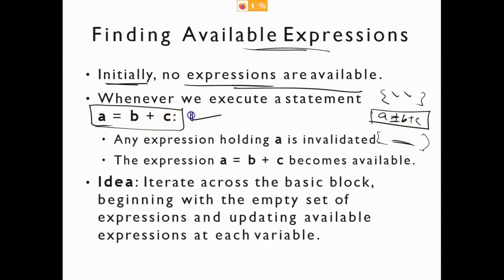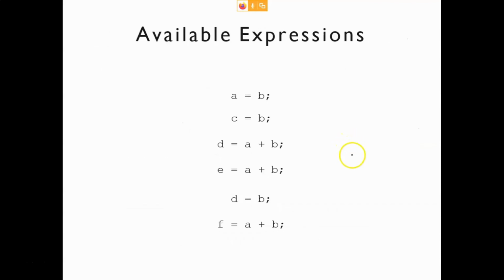After this statement executes, a = b + c becomes an available expression, and any expression that is holding a will be invalidated. Let's take an example and it will be clear. On this example, we will now do the available expression analysis. After this example, we will again recheck the definition.